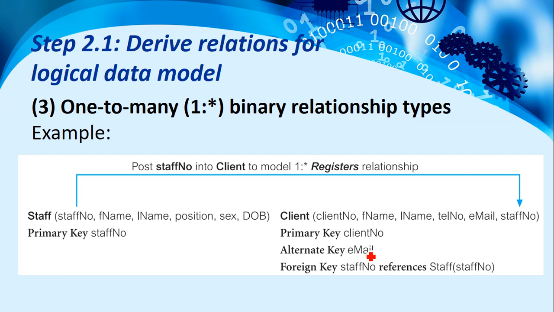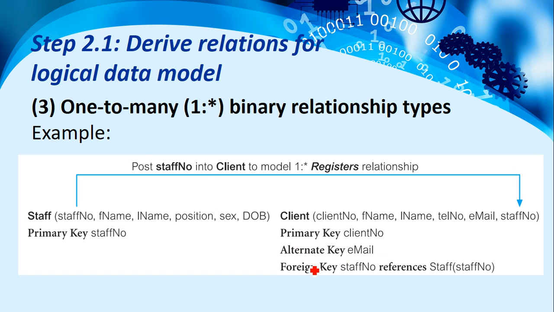It's possible that a client has an email, and emails are unique; you're not allowed to create duplicate email accounts. So that is why it's unique, and that's why it's an alternate key.